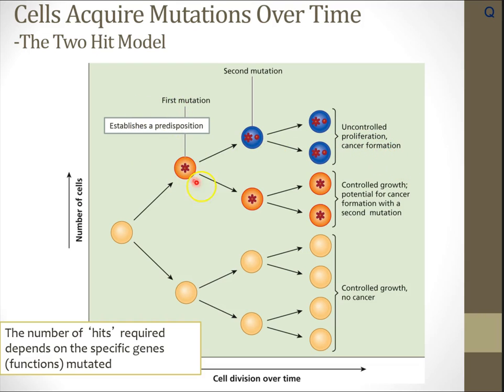You can actually carry this first mutation and still have controlled cell growth, so no tumors forming, until you acquire the second mutation. The number of hits required to reach a tumor depends on the specific genes and the function of those genes.